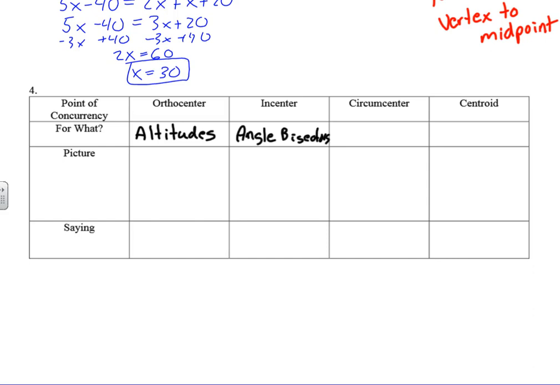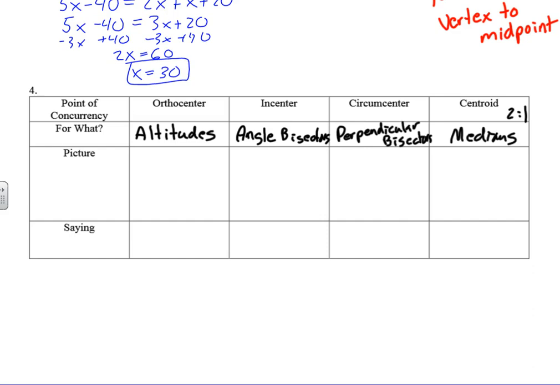The circumcenter is the perpendicular bisectors, and the centroid is the medians. Centroid, that's the one that's in the ratio of 2 to 1.